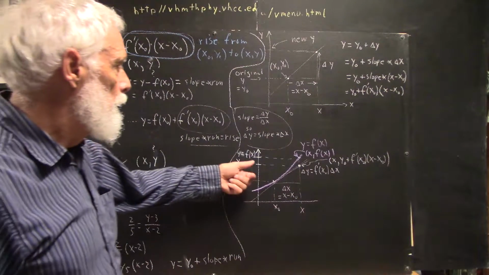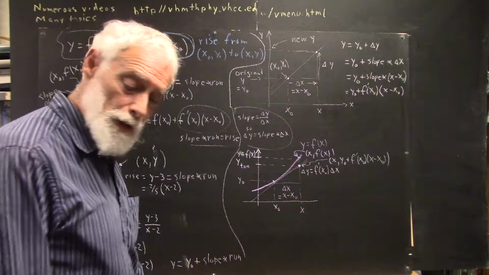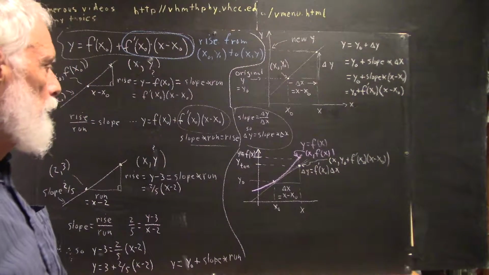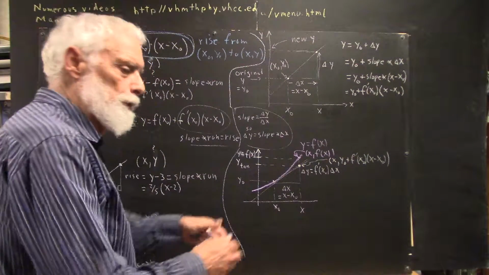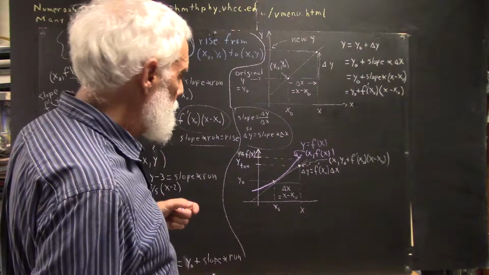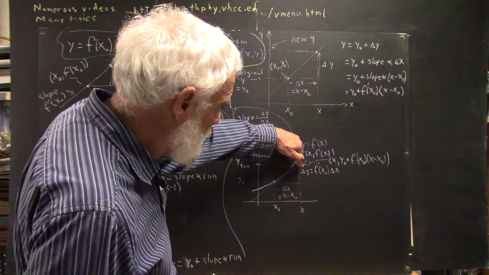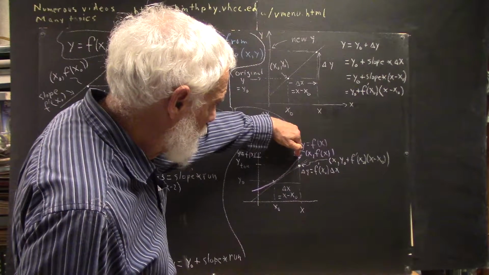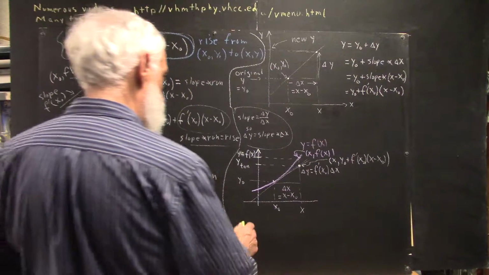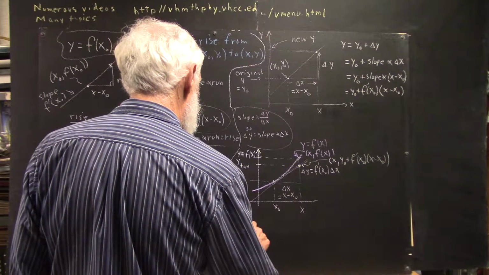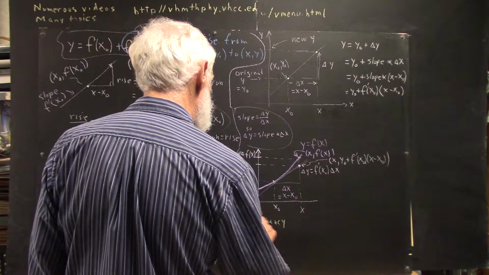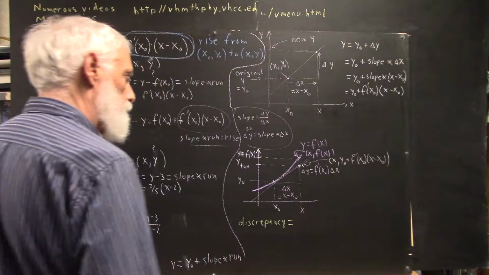So that our discrepancy, I'll call it a discrepancy rather than an error, because it's not really an error, because we're doing it intentionally and predictably, but the discrepancy between our predicted value and the actual value of the function is represented here. So I'm going to say discrepancy is what?